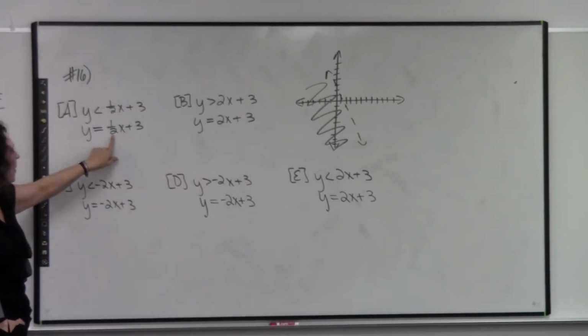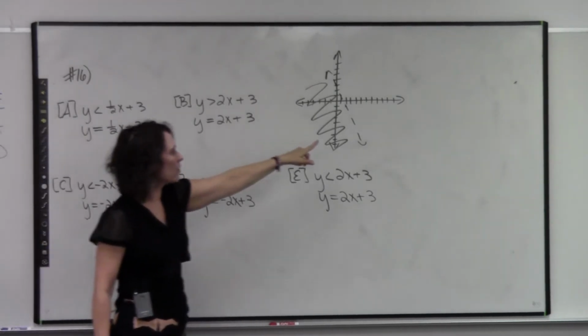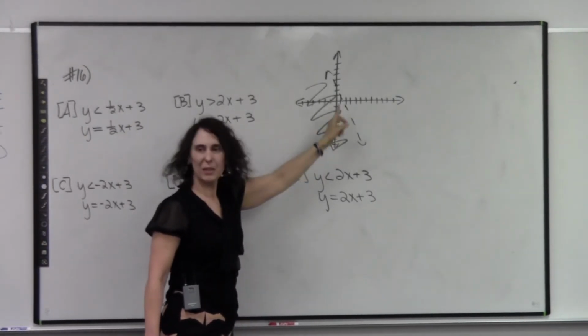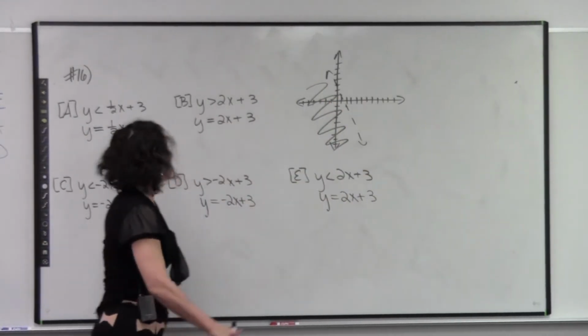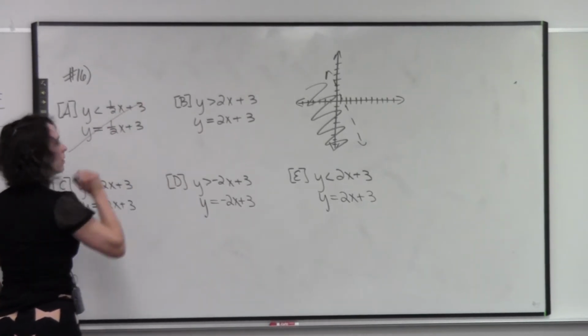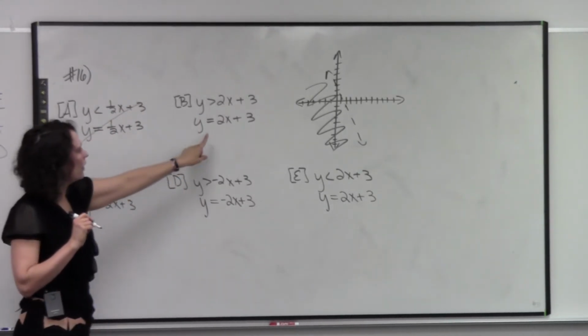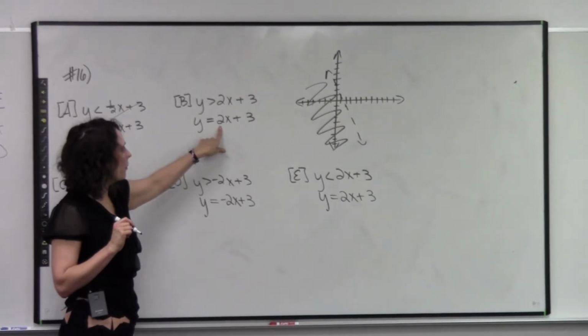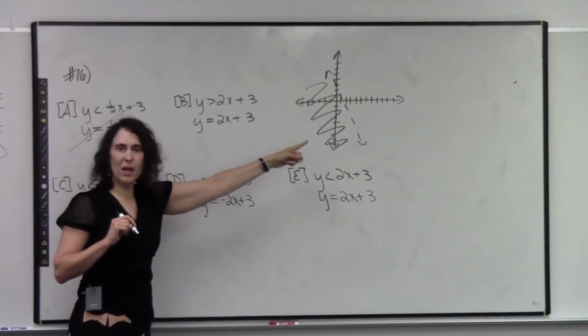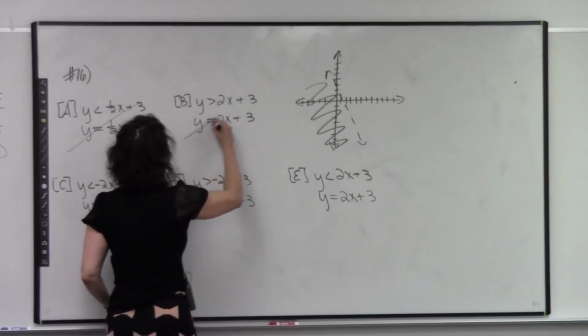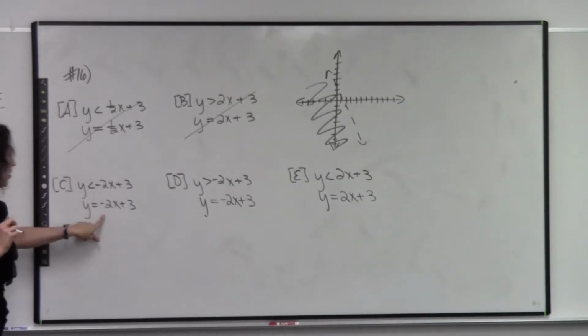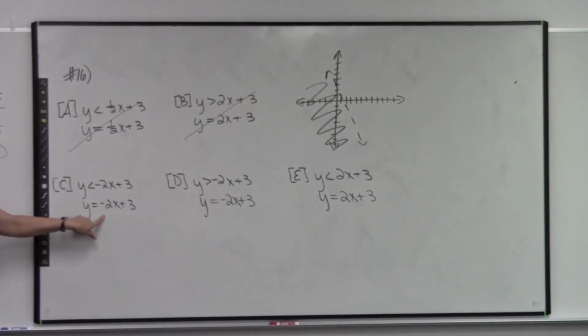All right, so this one has a positive slope. Does that have a positive slope? Shouldn't that be negative? It's going downward. So couldn't I automatically eliminate that one? Over here, I have a positive slope as well. Does that have a positive slope? No, eliminate it. This one has a negative slope, correct?